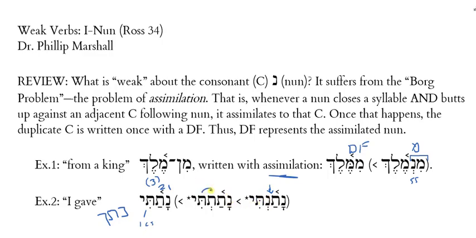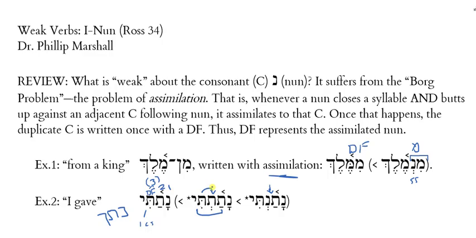So this tav gets a duplicate. The tav of t is duplicated. That's what the noon becomes. So natanti becomes natati, and then these two tavs are written one time with a doubling dot. So the dagesh forte in natati actually represents the root 3 noon that is not visible here in the form. Okay? So that's what we're seeing.